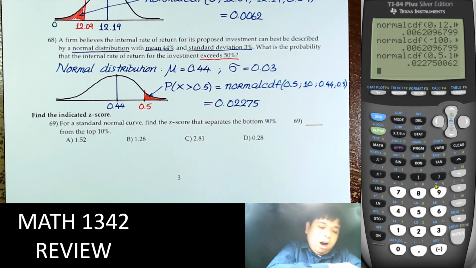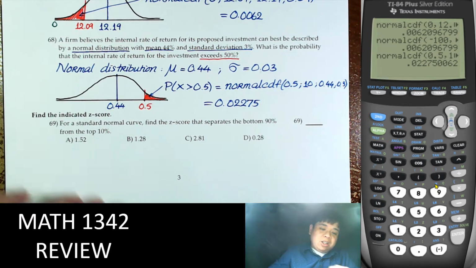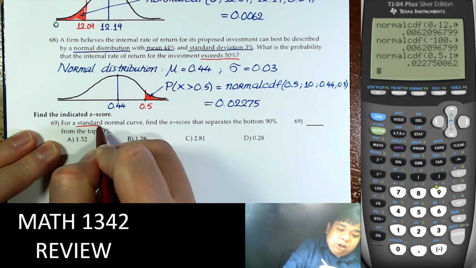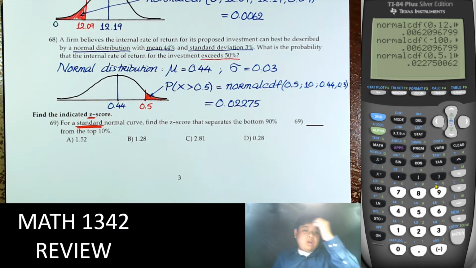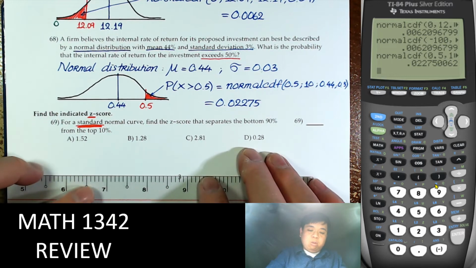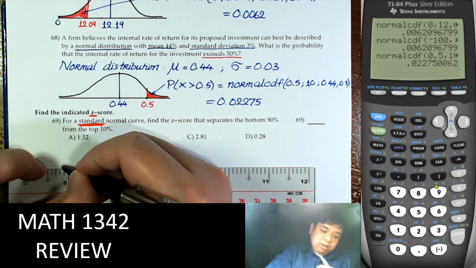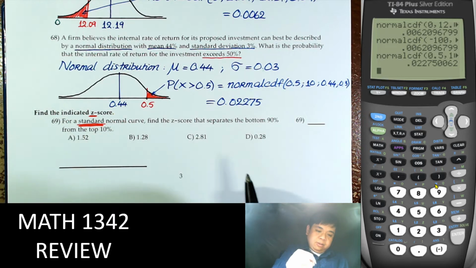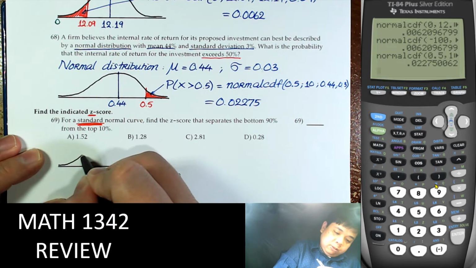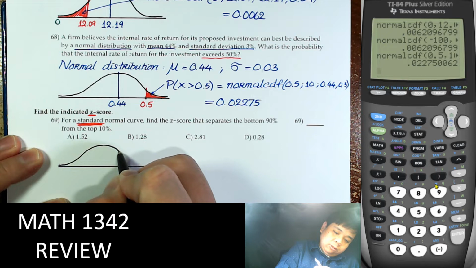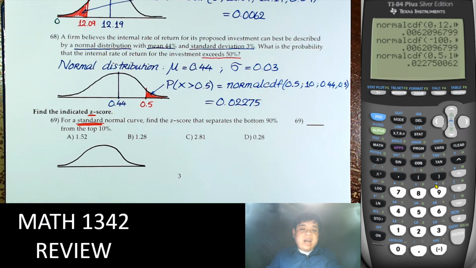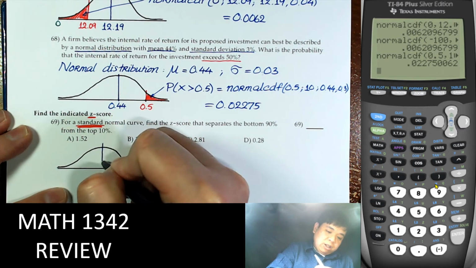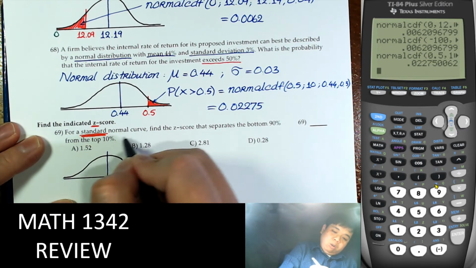Right, next, for standard normal curve. The difference between a regular normal curve and the standard one is that we talk about the z-values. For the z-score that separates the bottom 90% and the top 10%. So this is the standard normal curve.